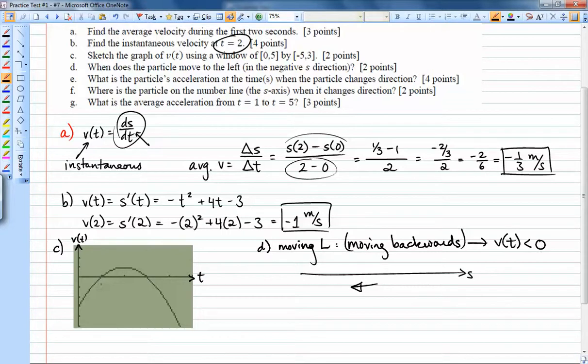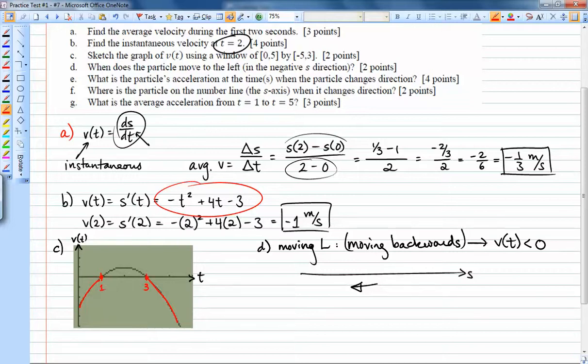You can see from the velocity graph that we just came up with that the velocity is negative here and here, right? You can even see where the intersection points are. You could solve for them by factoring. You're going to get that this happens at t equals 1, and then it crosses again at t equals 3.